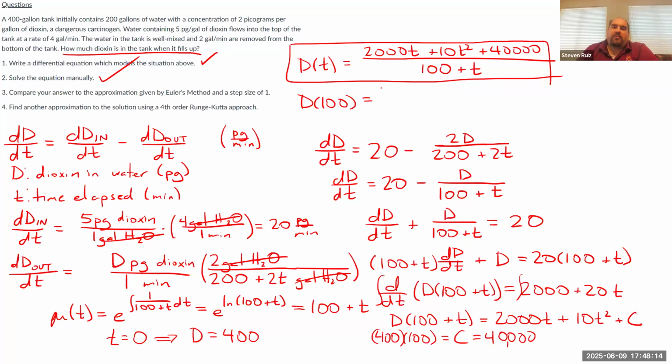D of 100 equals 2,000 times 100 plus 10 times 100 squared plus 40,000 all over 200, which gives me what? Let's find out.